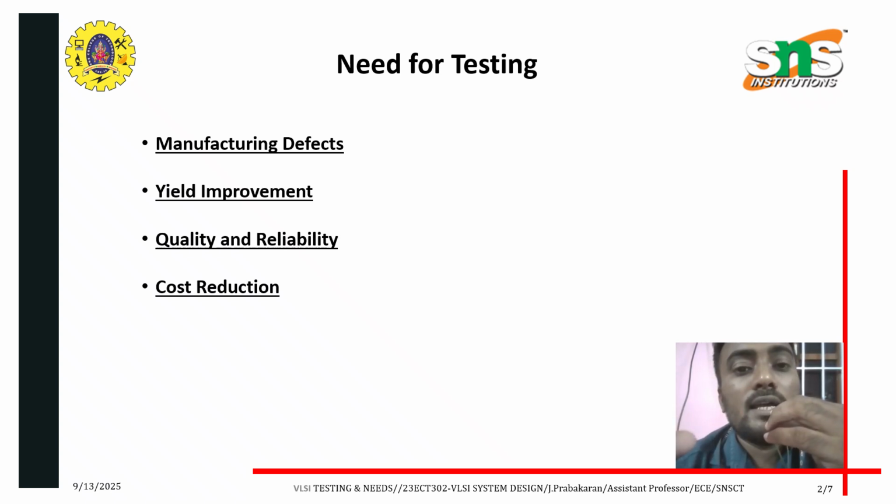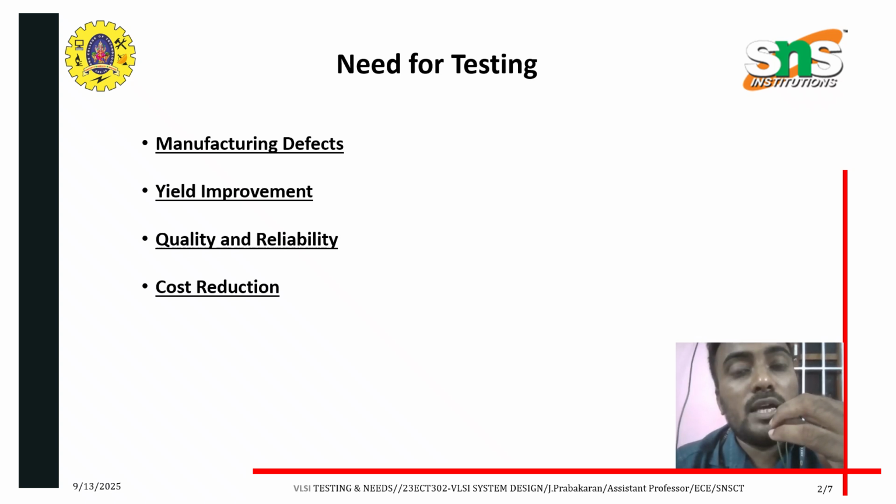Testing helps manufacturers analyze common defect patterns. Yield is nothing but the percentage of good chips. This percentage of good chips will increase by using VLSI testing.